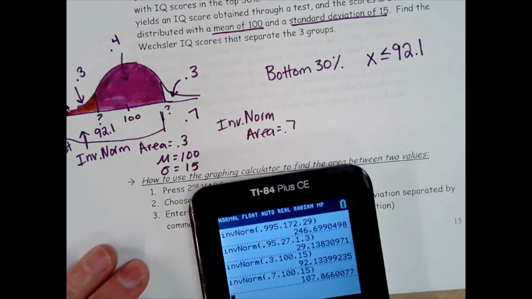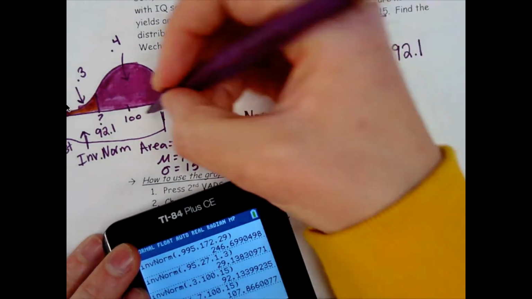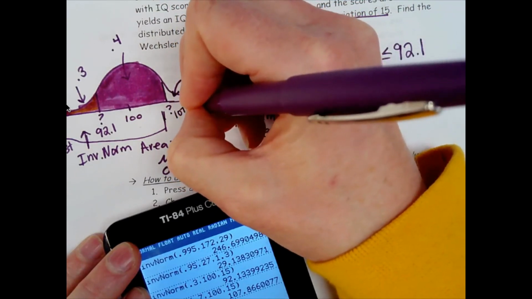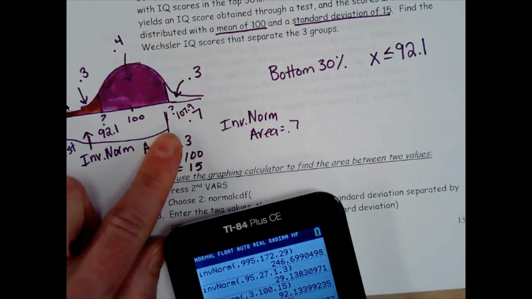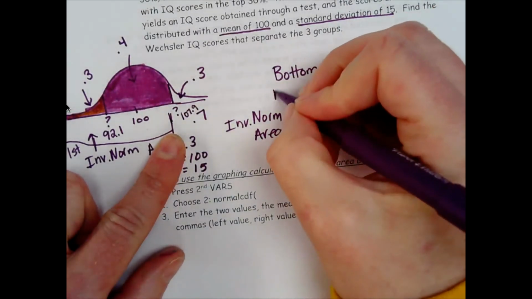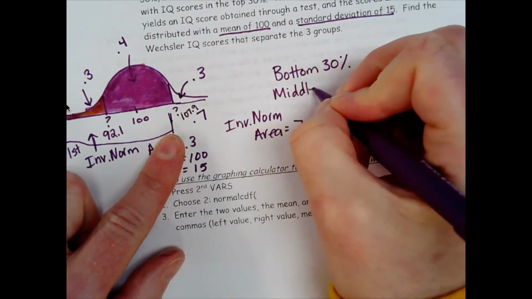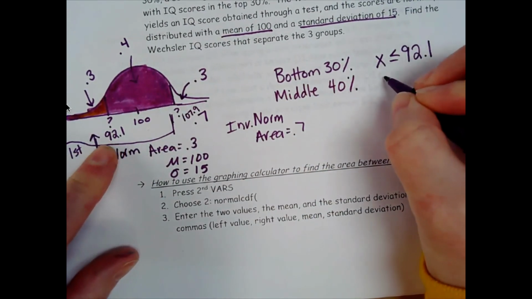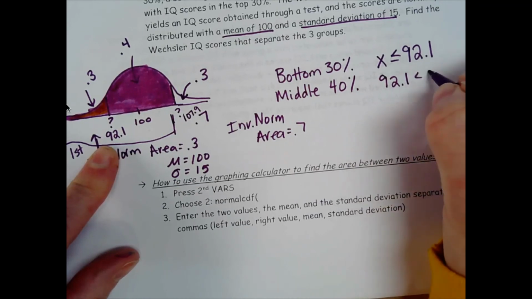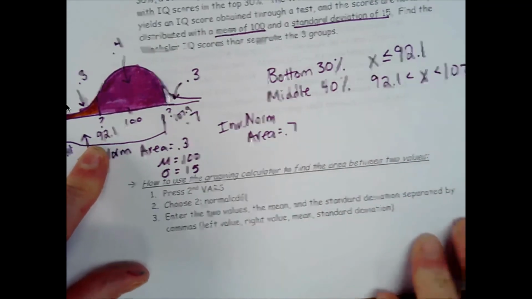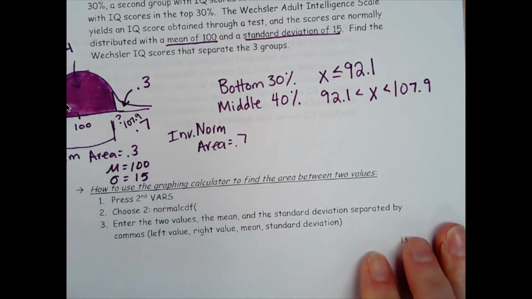So 107.9. So the middle 40 is between 92.1 and 107.9.